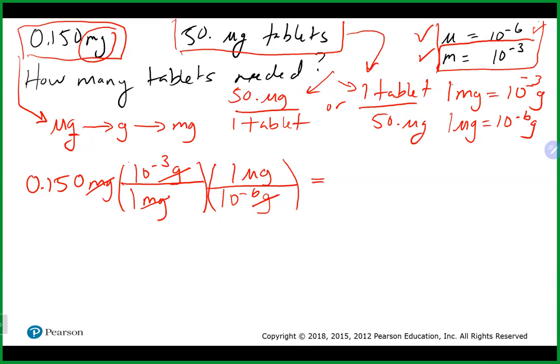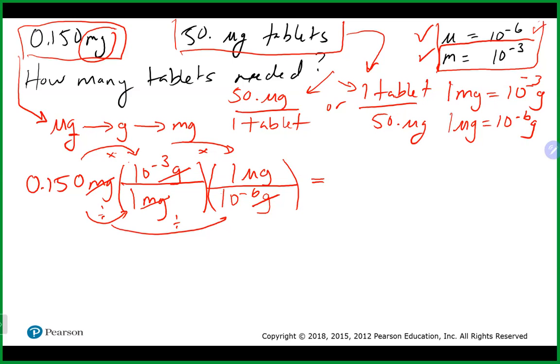Now I grab a calculator. Once again, we're multiplying what's up on top and dividing by what's on the bottom. Remember, when you see 10 to the minus 3, that represents 1 times 10 to the minus 3. You can put it into your calculator in scientific notation.